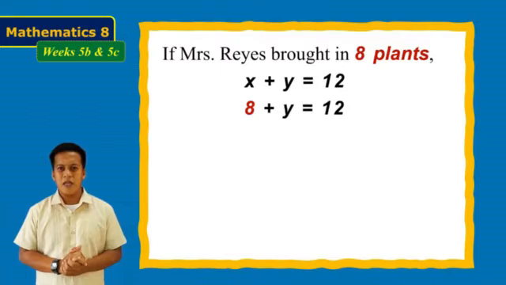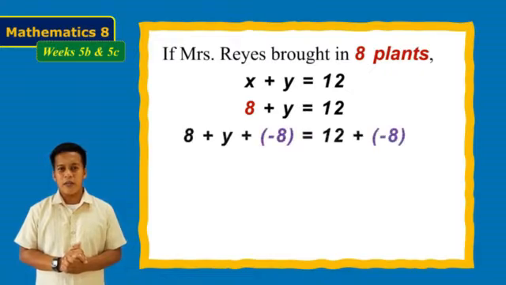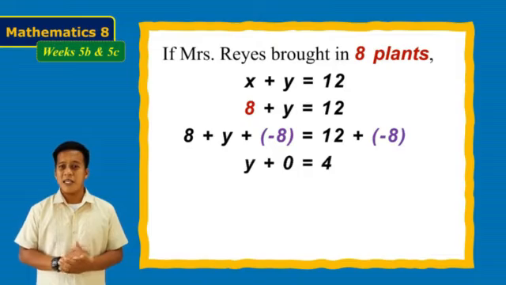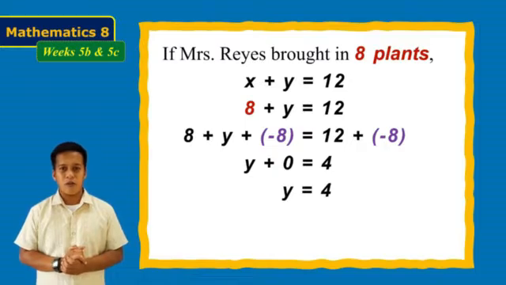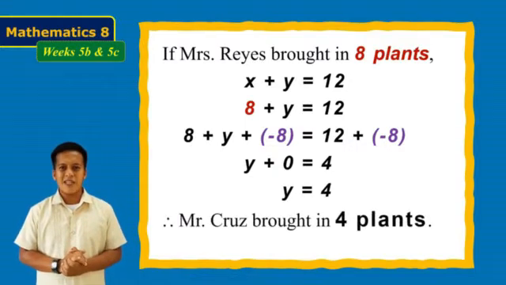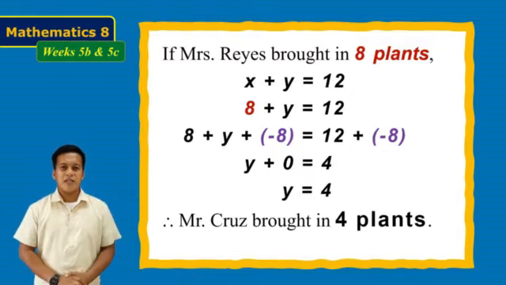By APE, or addition property of equality, 8 plus Y plus negative 8 equals 12 plus negative 8. Simplifying, Y plus 0 equals 4. Y is equal to 4. Therefore, Mr. Cruz brought in 4 plants.